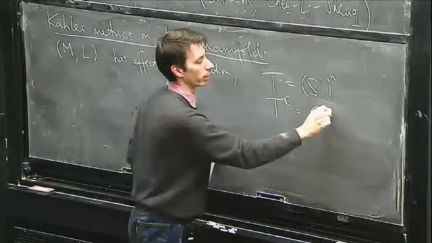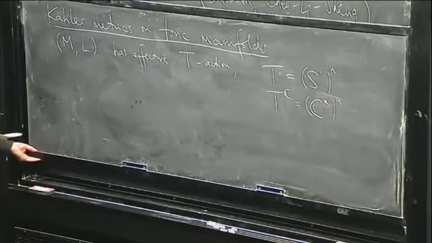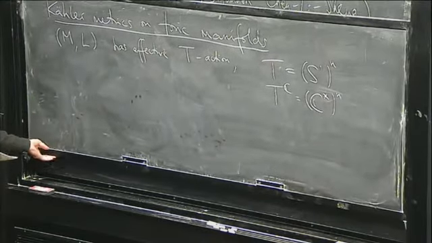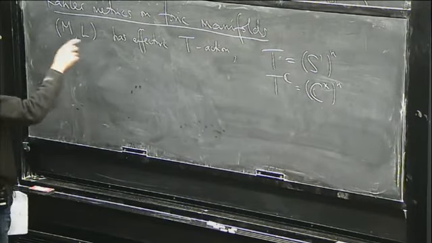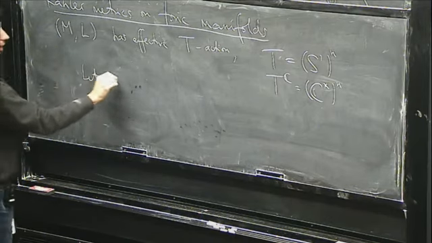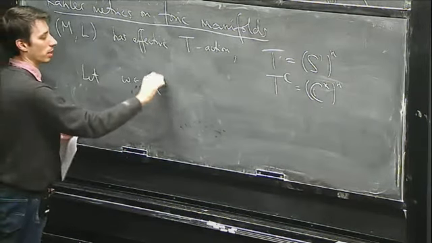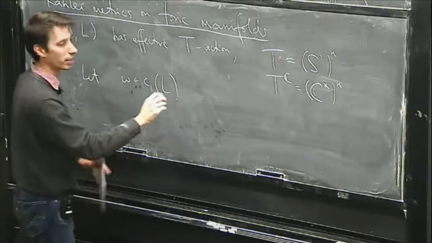Let me denote the complex torus by T_C. What I want to study are T-invariant metrics on M. So let omega be a metric in the first Chern class of L which is T-invariant.